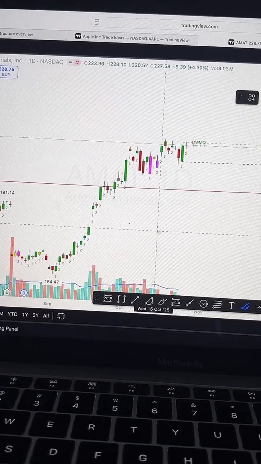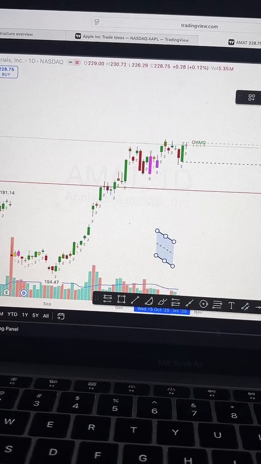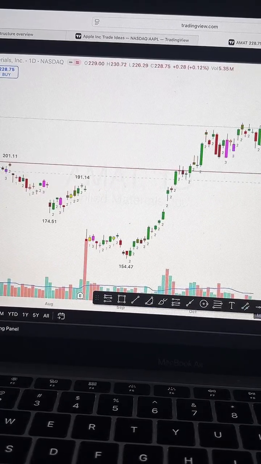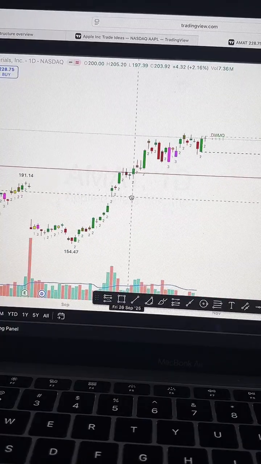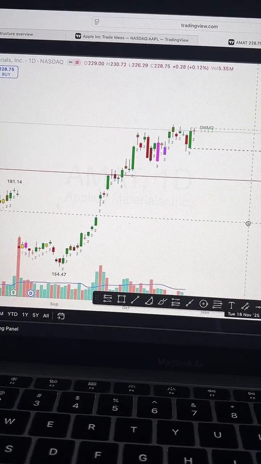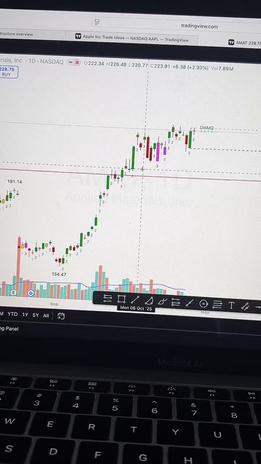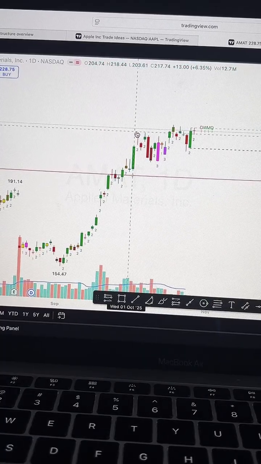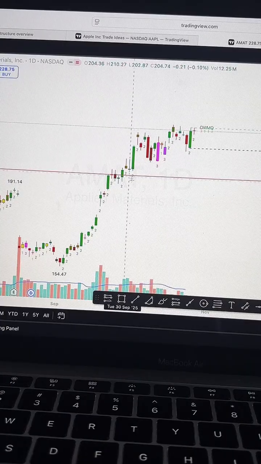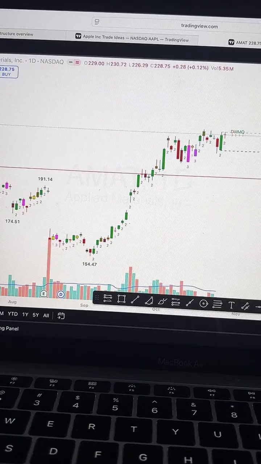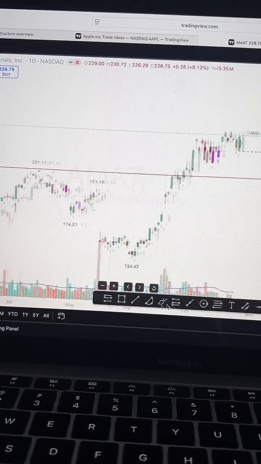Maybe we broke out and then kind of just consolidating. I need some more data on this one, but we recently broke this 200, well, 28. This is a swing high. This is a swing high. Yeah, possibly an uptrend. I don't like the data on this one, though.